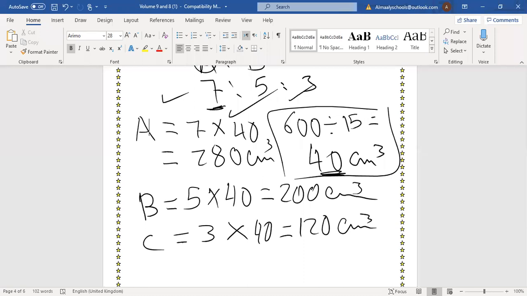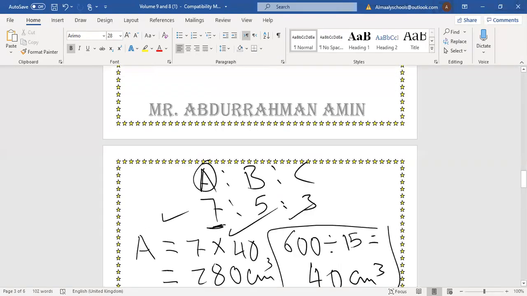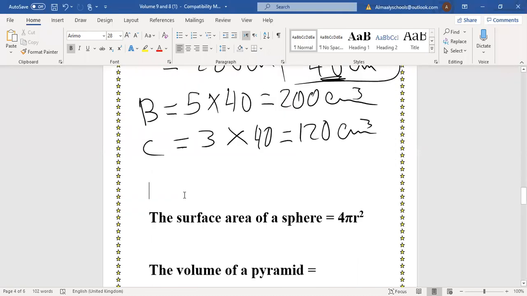You don't understand. I'll explain it again. He gave me the ratio between the 3 volumes. The volume of the sphere A to the volume of the sphere B to the volume of the sphere C equals 7 to 5 to 3.